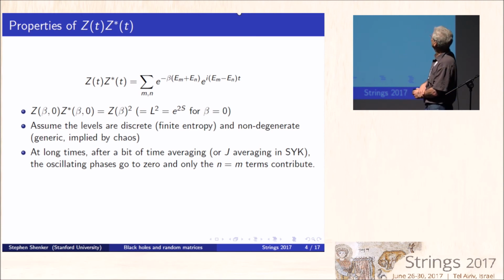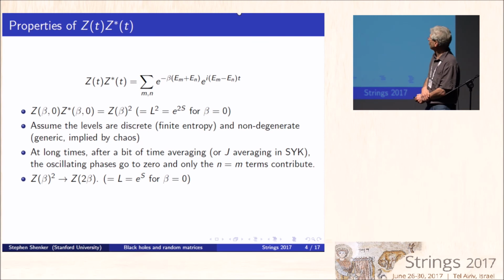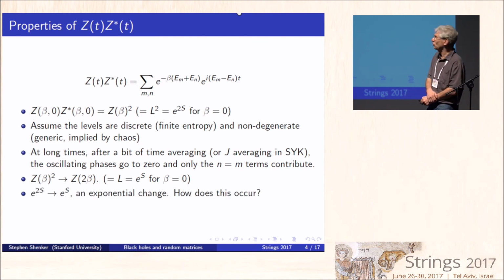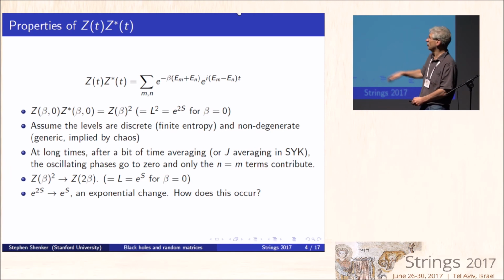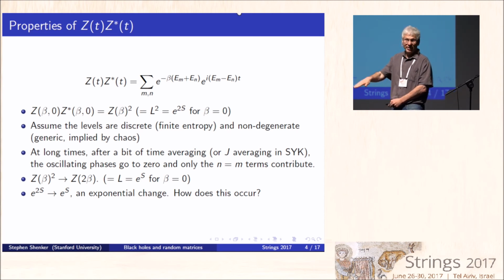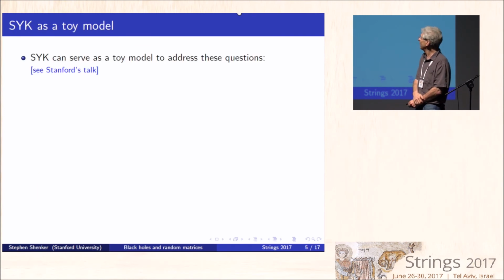And so only the m equals n terms in this sum matter. And so in fact, Z of beta squared goes to Z of 2 beta, which is just L, or e to the S. So this function, as you go from short to long time, goes from e to the 2S to e to the S, an exponential change in size. And one of the questions we'll want to understand is how it makes this transition and what it tells us about the dynamics of the theory.